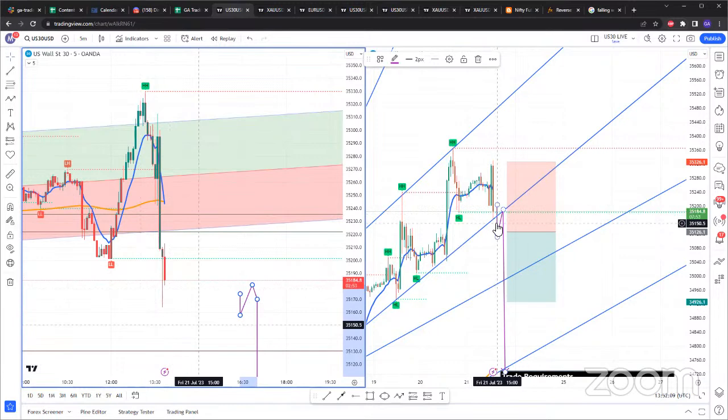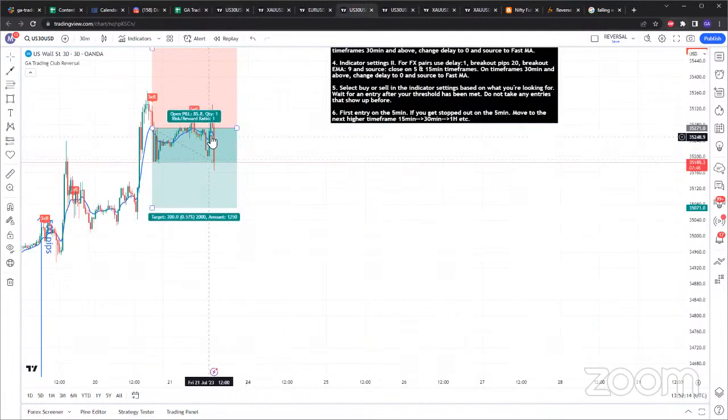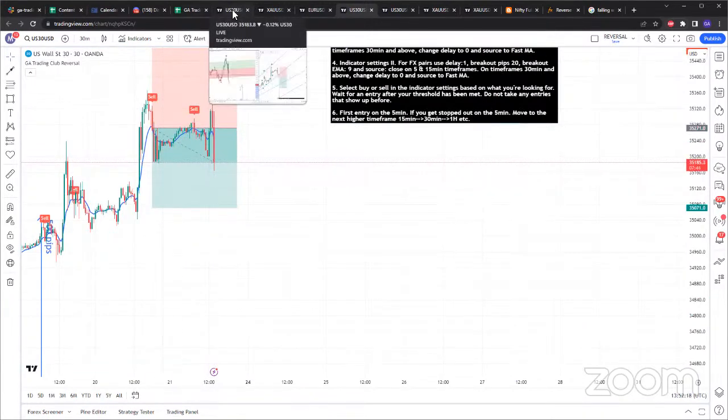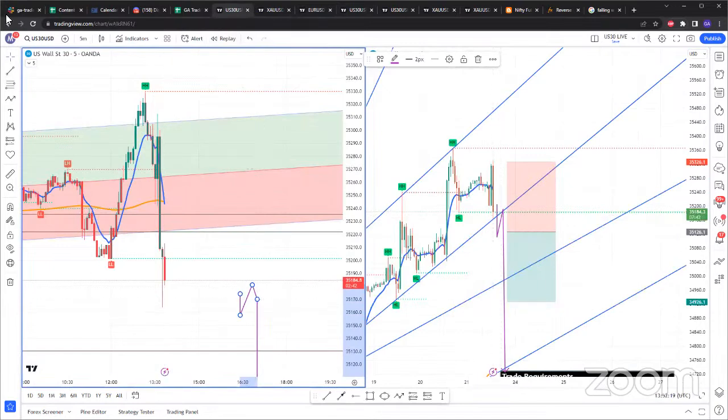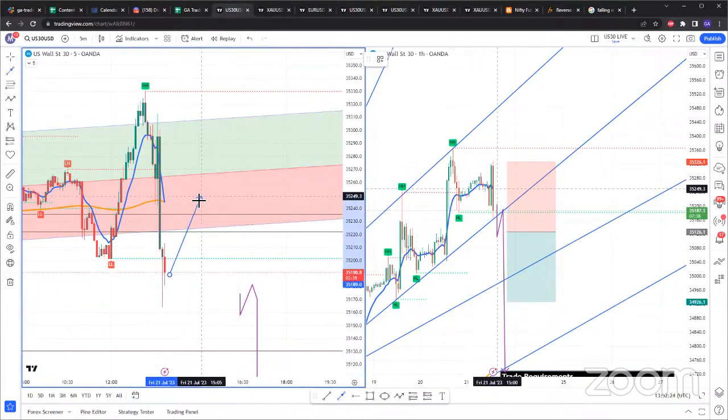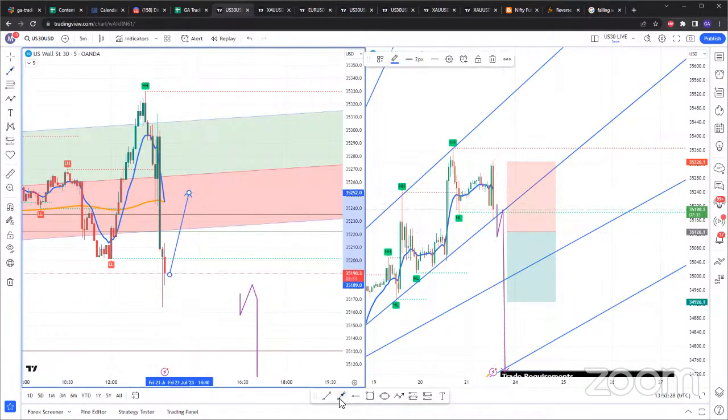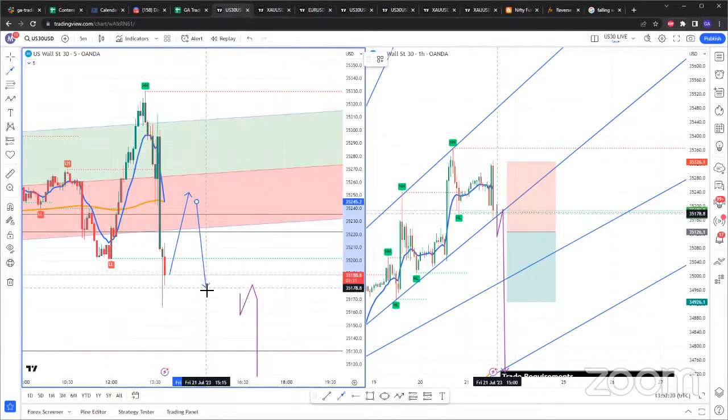So it's not a good idea to enter a sell right now if you didn't enter when the live session started, when price was somewhere around there. I do anticipate possibly having a retracement at some point. And if you have a steep stop loss, you might get stopped out or faked out before the market moves back down.